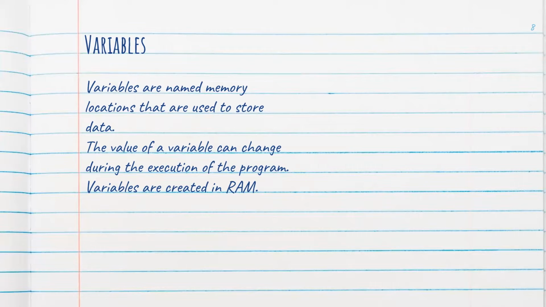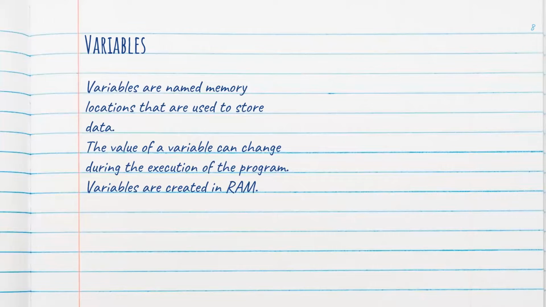We create variables in a program, and then we can perform calculations on the data that has been stored in those variables. The value of a variable can change during the execution of a program. For example, at the beginning the value could be 1, but at the end of the program the value can be 20, depending on the logic of the program.